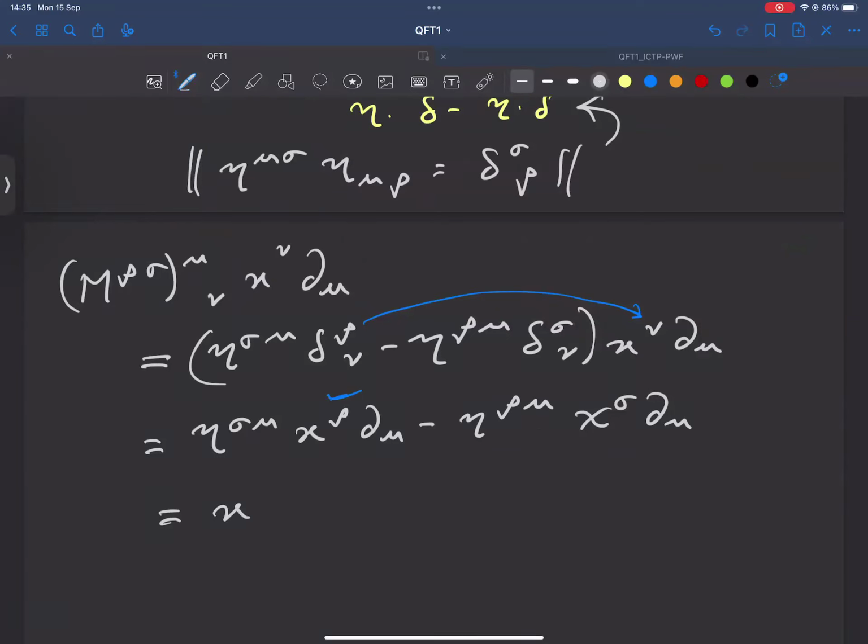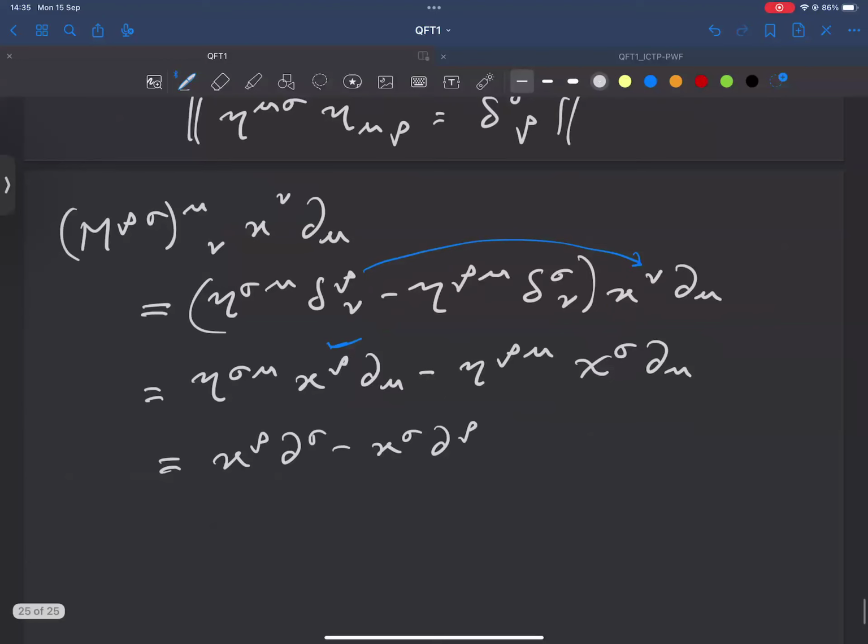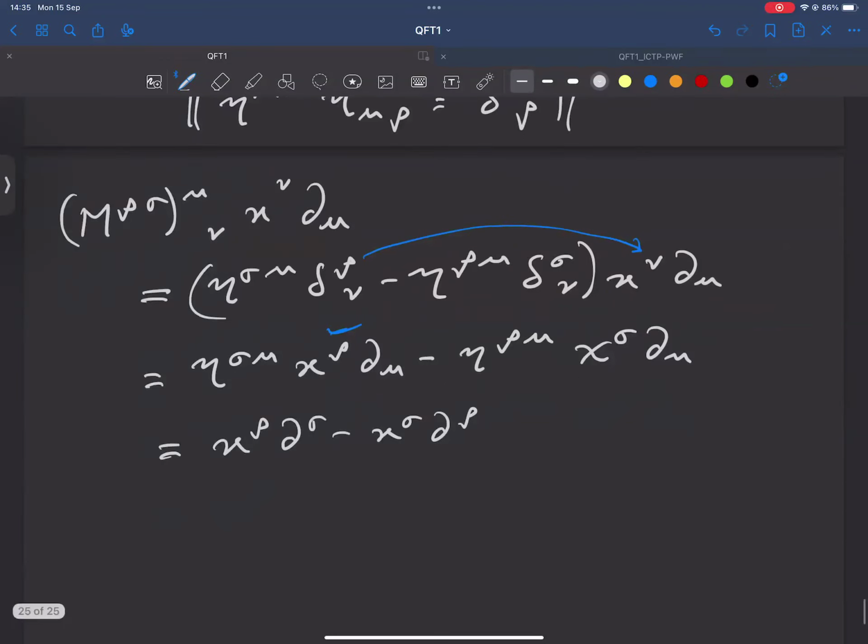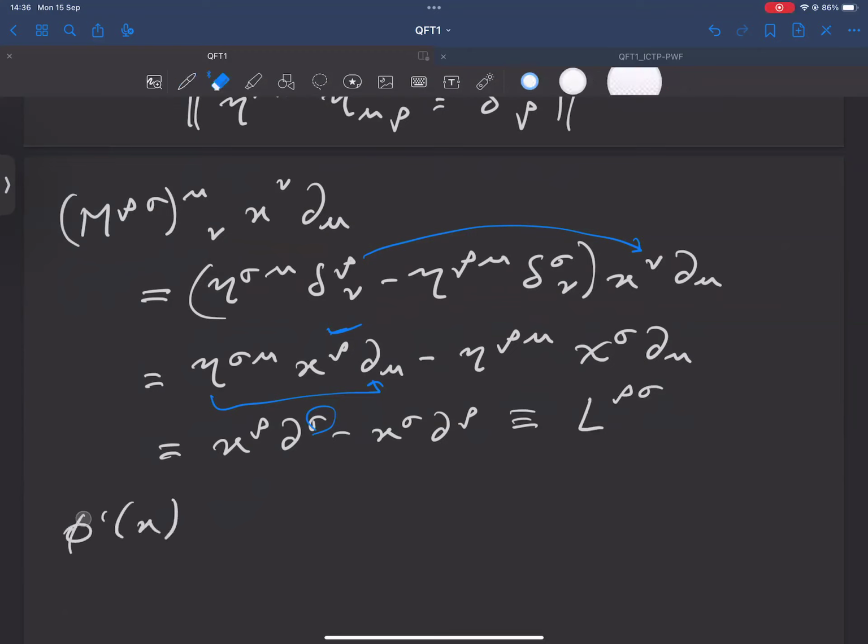So that gives you a quantity like this: x rho del sigma minus x sigma del rho. And this equality comes from contracting the eta with this, so you raise an index. Okay. So we obtained a quantity, and we will call this L rho sigma, and we obtained a quantity which does this now.